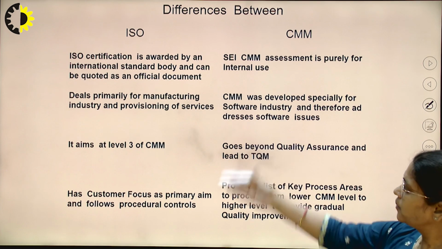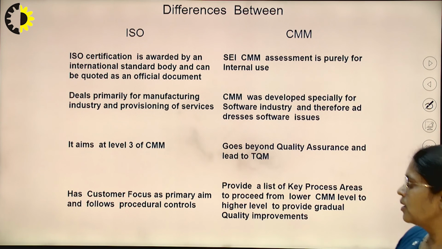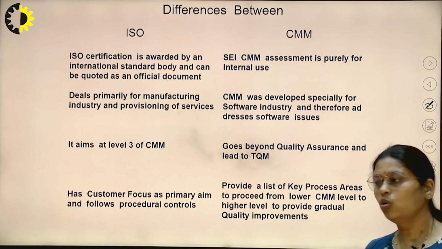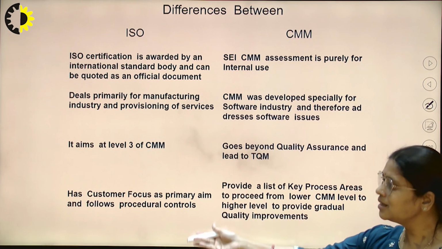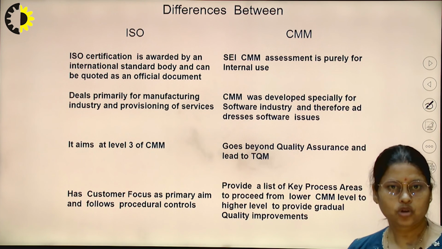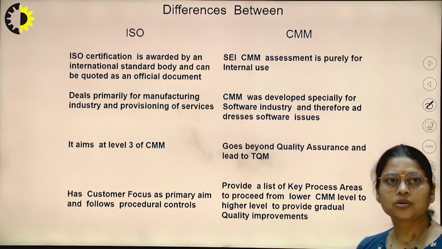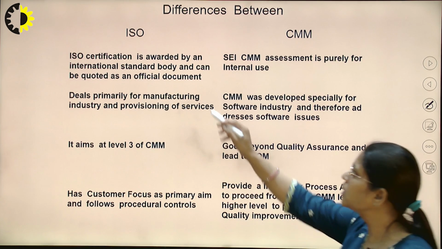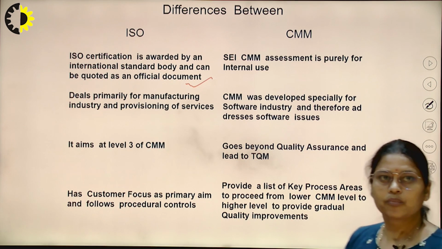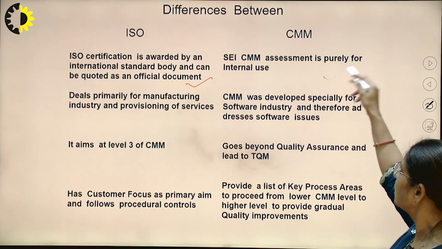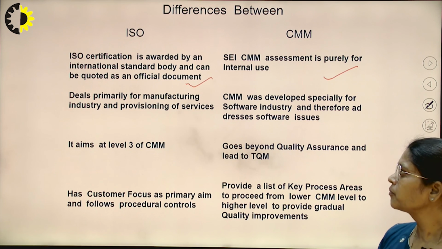Now there is a difference between ISO 9000 and CMM levels, because we have already covered both CMM and ISO models in detail. So now we can easily differentiate both of them. ISO is awarded by an international standard body, that is ISO, and CMM is defined by the SEI, Software Engineering Institute.